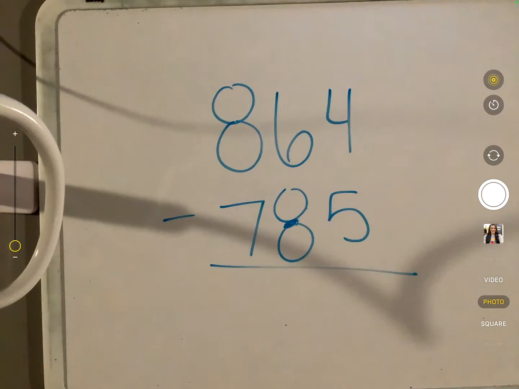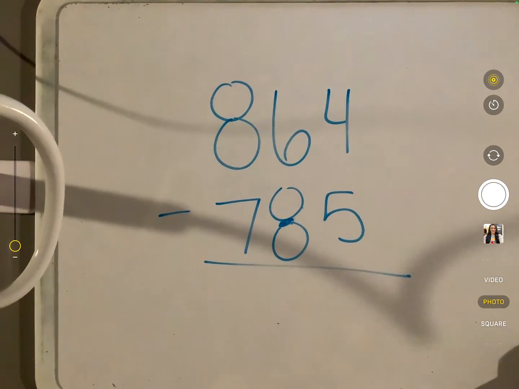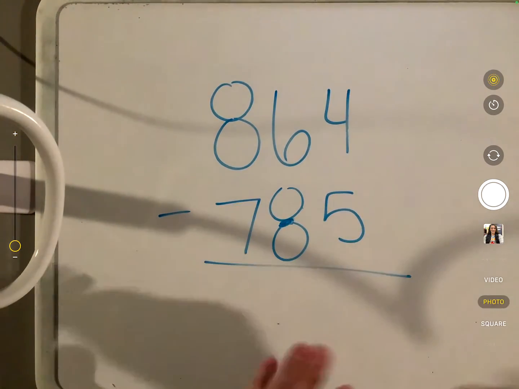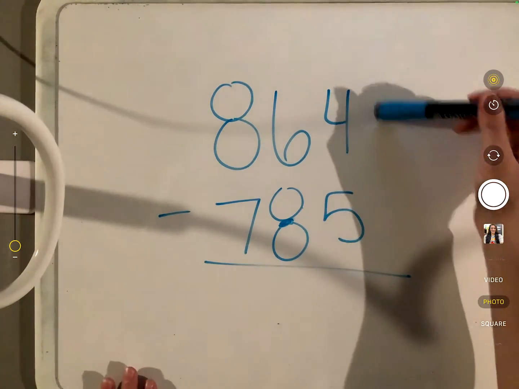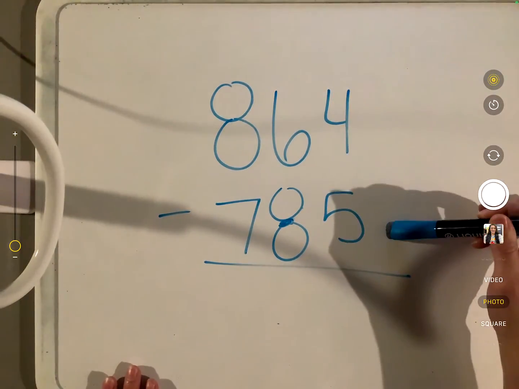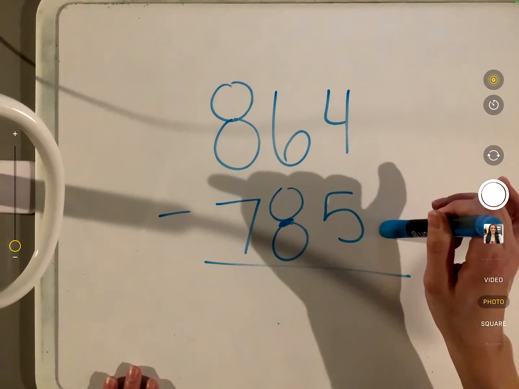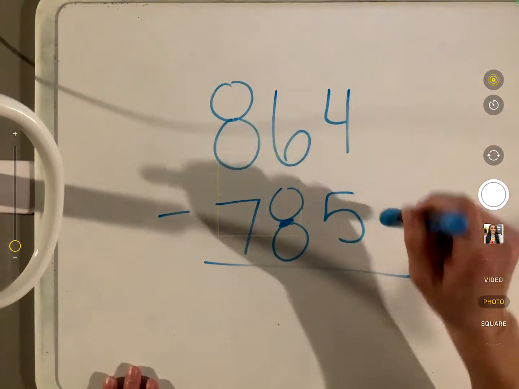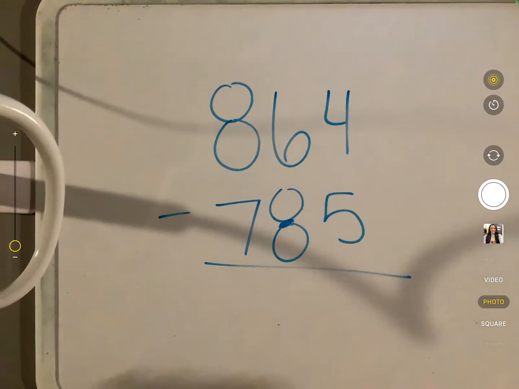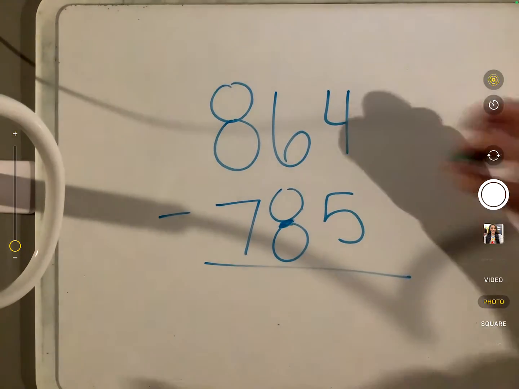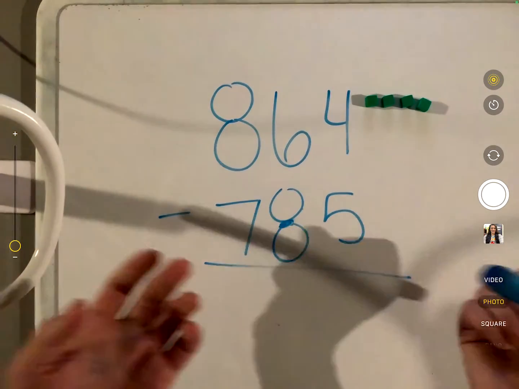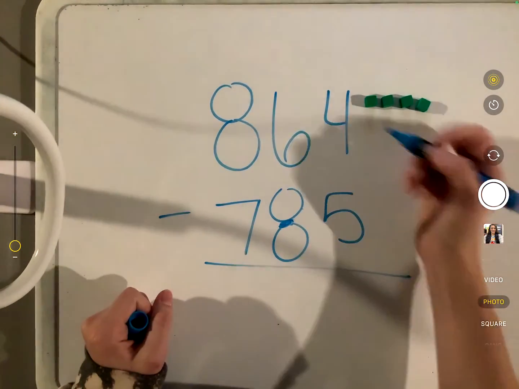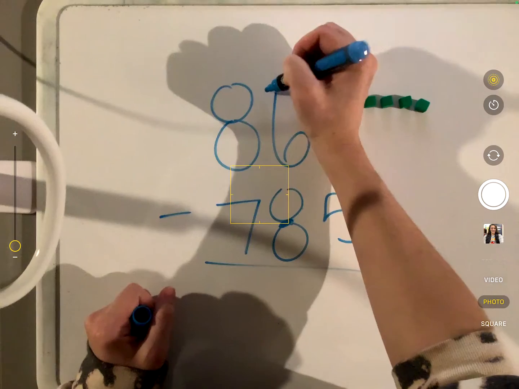Because we've been using the standard algorithm, and you can use your green blocks to help you. But let's do our ones place, okay? So we're gonna take 4 from 5. Can we do that? If I have 4 blocks, can I take 5 blocks away from it? No. So what I need to do is I need to borrow from my next door neighbor, right?